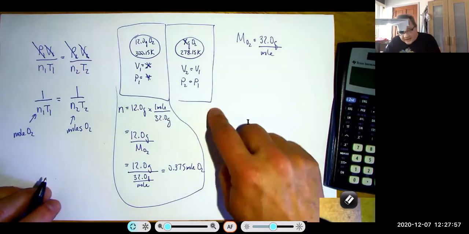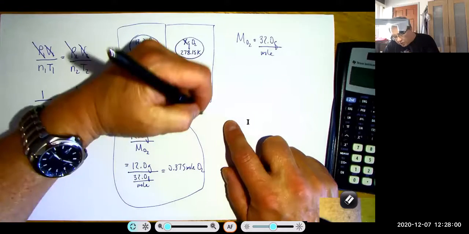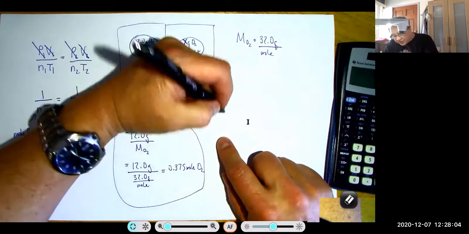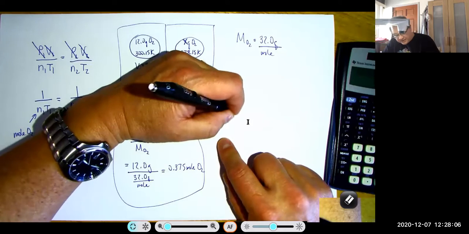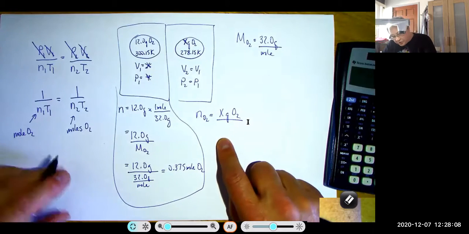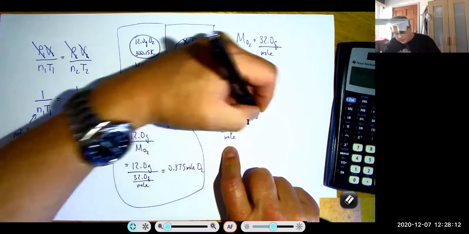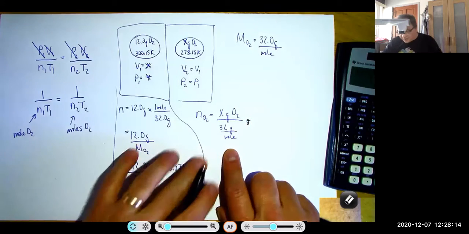Now, what about the other set of conditions? Well, the moles of O2 here are going to be X grams of O2 divided by 32 grams per mole. So when I clean this up a bit, this is what I get.